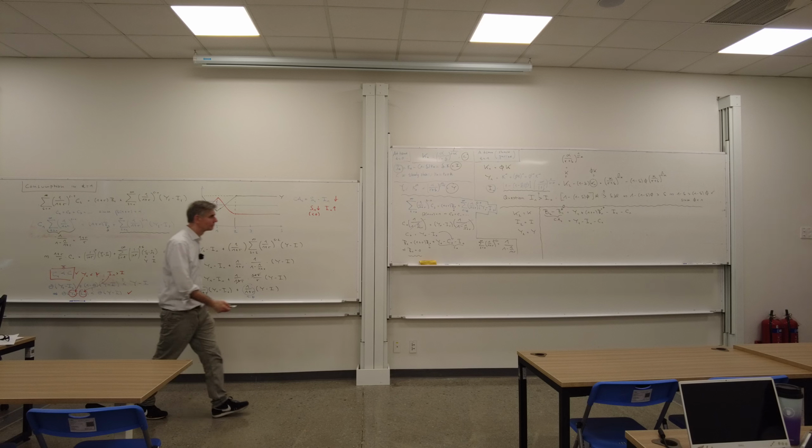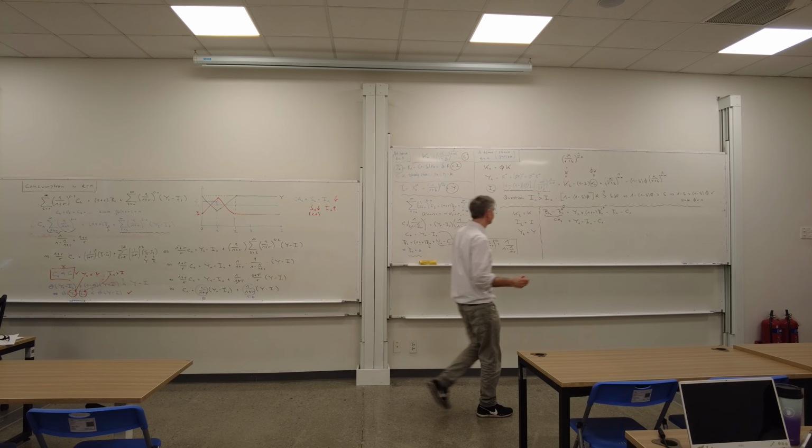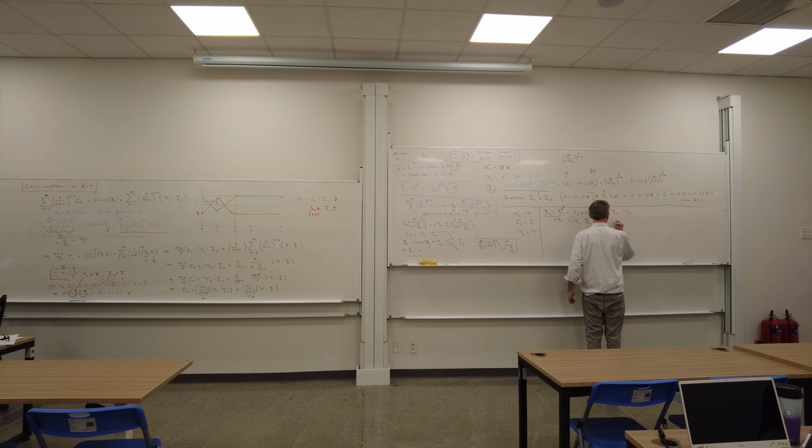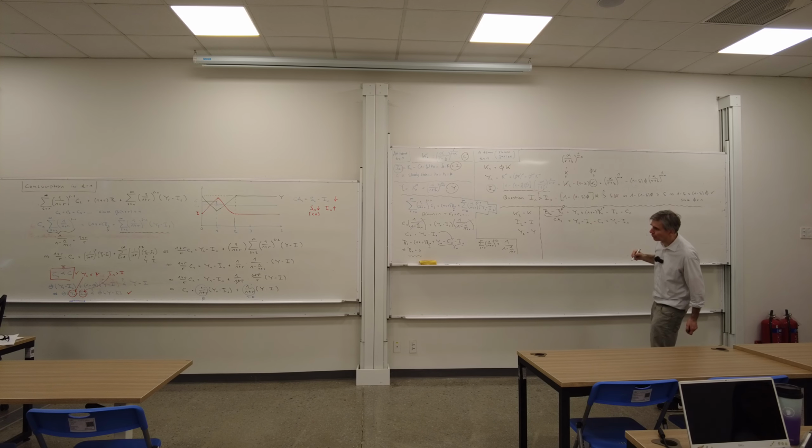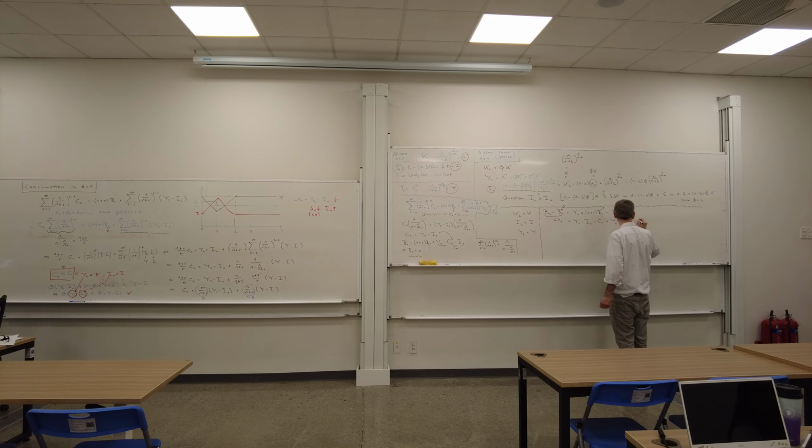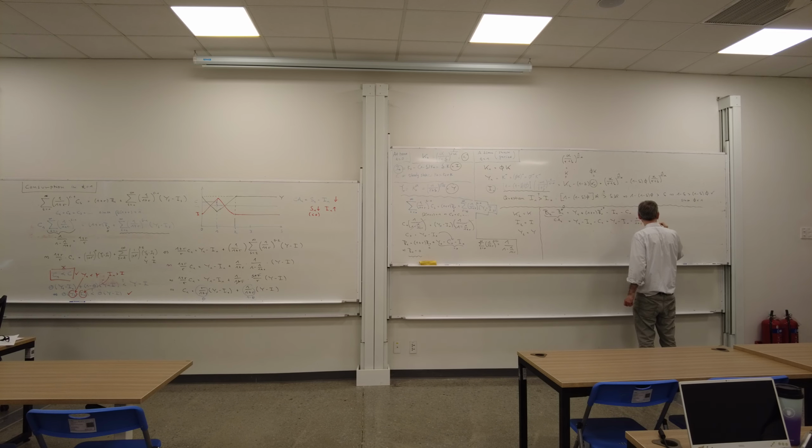Right? So we have y1 minus I1 minus, what was it? Minus R over 1 plus R. Y1 minus I1.